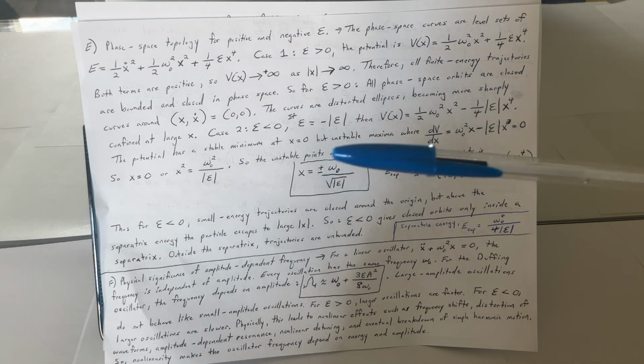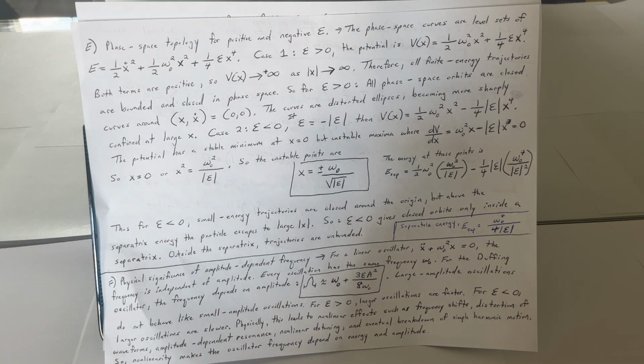And the unstable points are x equals plus or minus omega naught over the square root of the absolute value of epsilon. The energy at these points is E sub SEP equals 1/2 omega naught squared times omega naught squared over the absolute value of epsilon minus 1/4 times the absolute value of epsilon times omega naught to the 4th over the absolute value of epsilon squared.